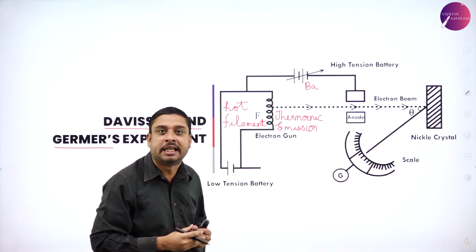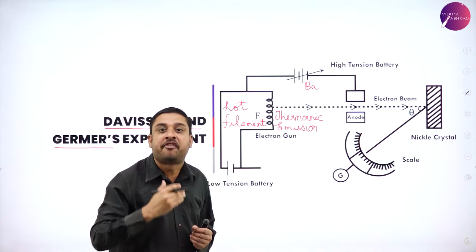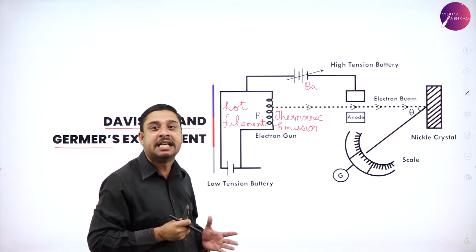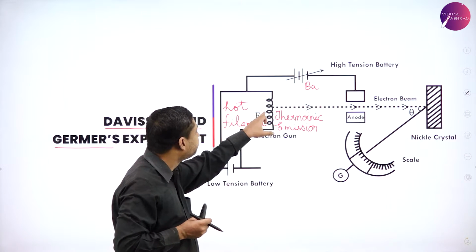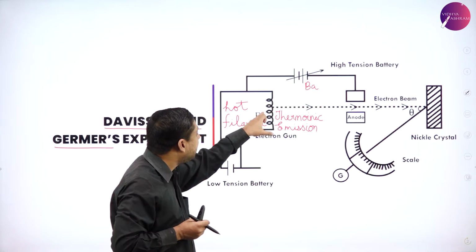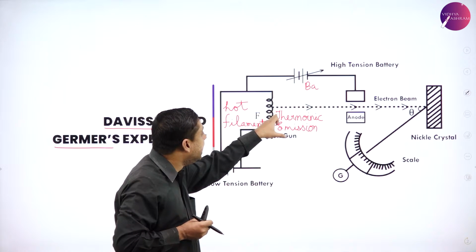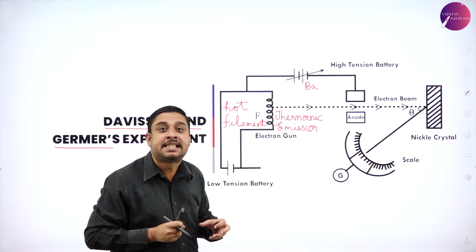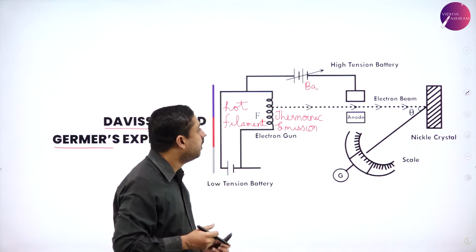Thermionic emission: emission of electrons from a heated surface. Here, the filament F liberates electrons when it gets heated up.